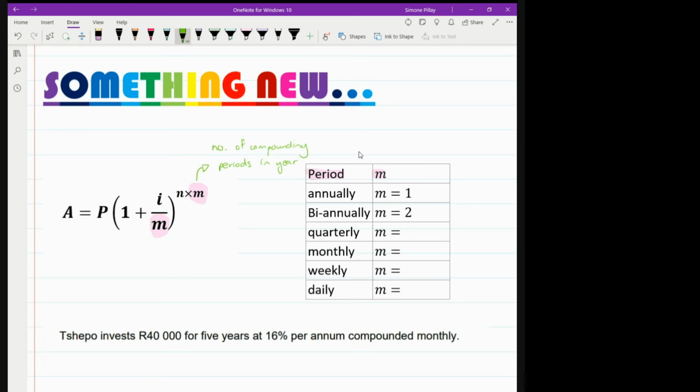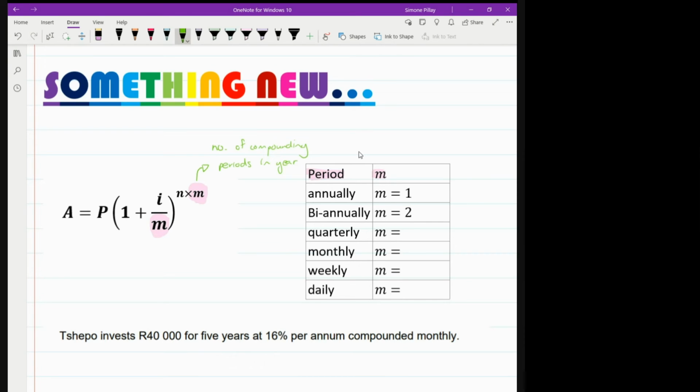When we have compound interest, remember, it means we have interest on top of interest on top of interest. But when we talk about a compounding period, if I say we have an annual compounding period, it means that my interest is only added once a year. So I calculate and keep track of my interest over the year, but I only add it to my base amount one time at the end of the year.